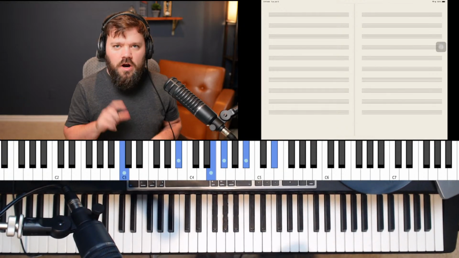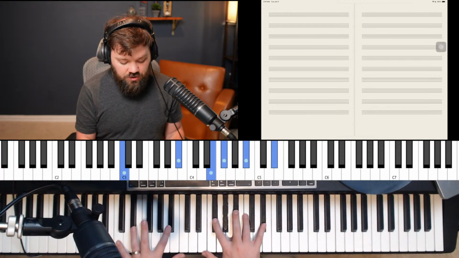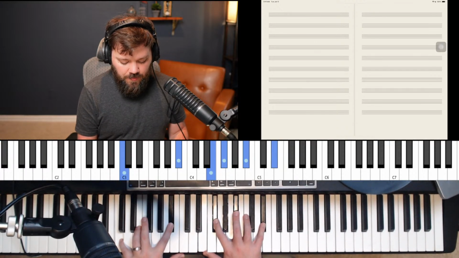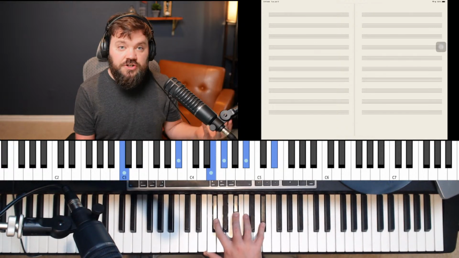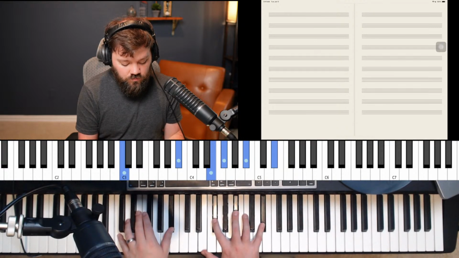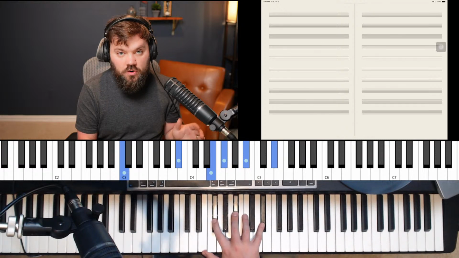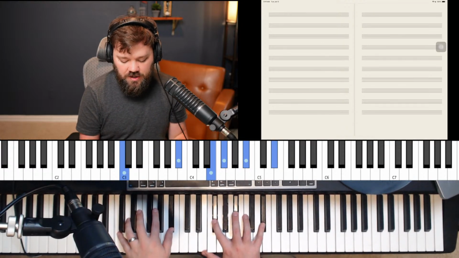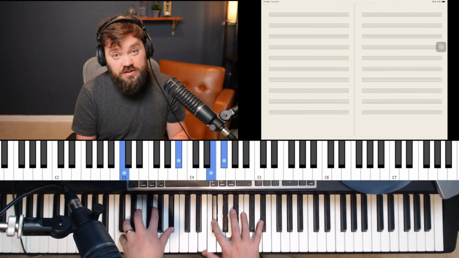We are going to get into specific upper structure triads, but I just want you to notice as I'm playing this one, we were looking for relationships between different chords earlier when we were looking at just major chords or minor chords up to the 7th or to the 9th. But now we have a flat 5, or you could also think about this as a sharp 11.